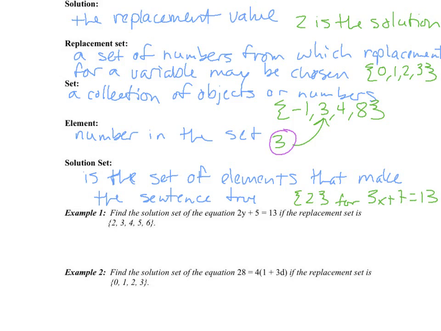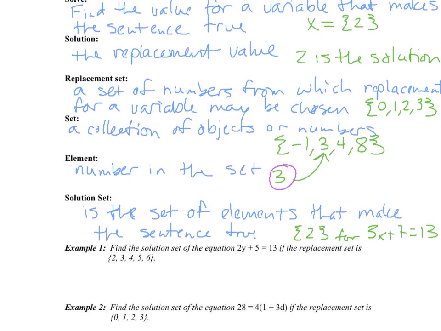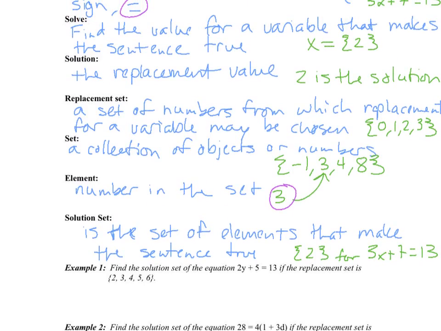And then the solution set is the set of elements that make the sentence true. So like before, 2 would be the solution set for the equation we were looking at, 3x plus 7 equals 13.